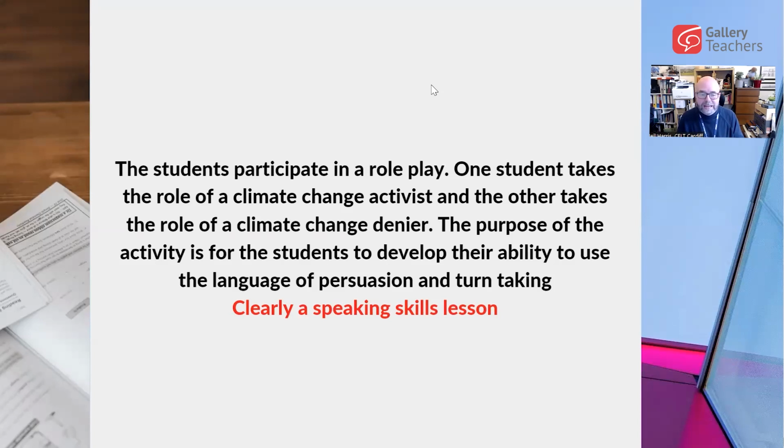The purpose of the activity is for the learners to practice something that the teacher has helped them develop. That is the ability to use the language of persuasion, but also turn-taking based on the cultural norms that were agreed with the learners as being appropriate. This, for me, is clearly a speaking skills lesson.